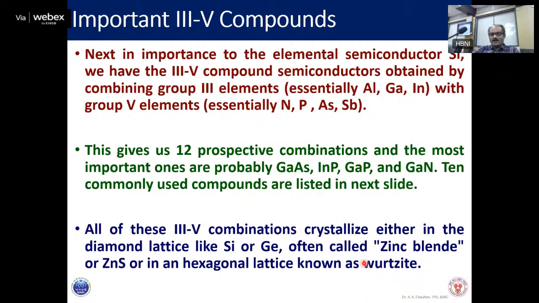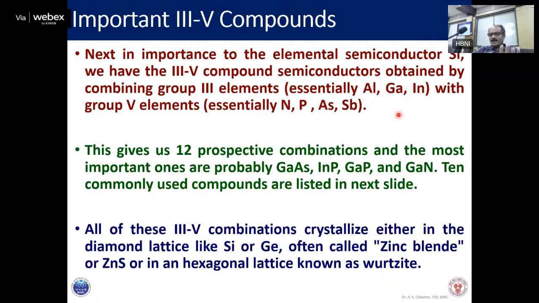There is another structure which I did not cover in the second lecture, that is the wurtzite structure. As we saw, FCC is a close packed structure. Similarly, there is another close packed structure, which is the hexagonal close packed structure. In the hexagonal close packed structure also, you get similar kinds of voids.